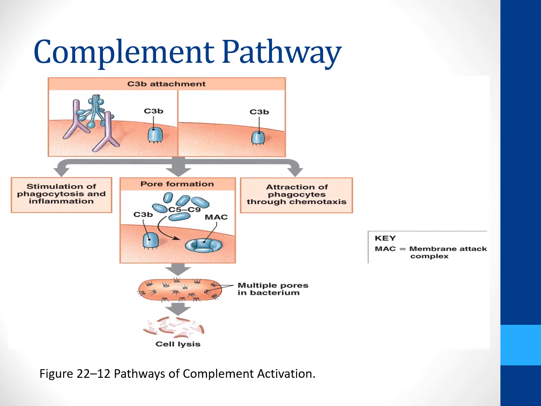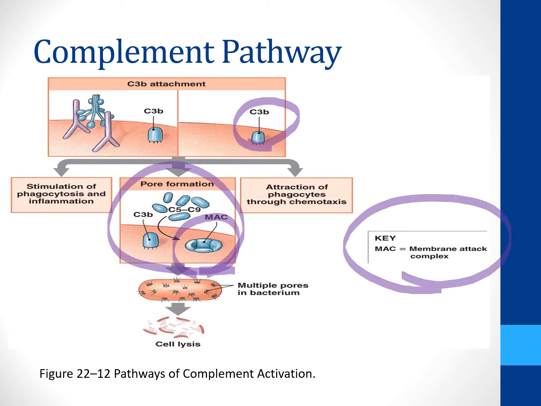So this is showing you this C3b is attaching to create opsonization so that you've got more of the ability of the phagocytes to engulf the pathogen. And then in this one here, they're forming pores. So it's similar to the perforins that we saw earlier, but these pores are called membrane attack complexes, MAC.